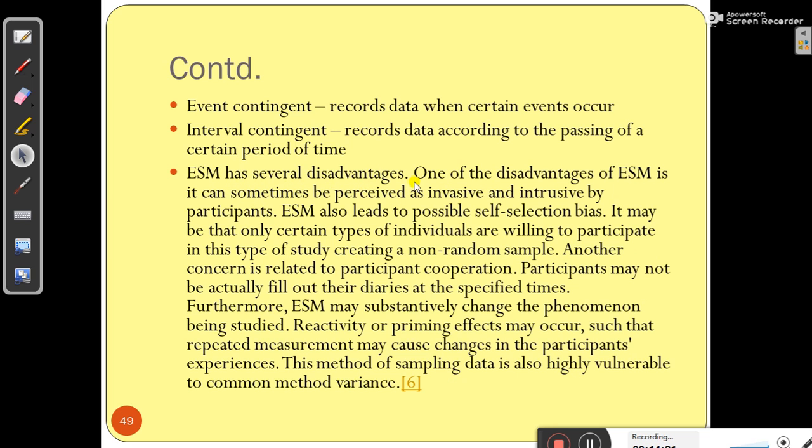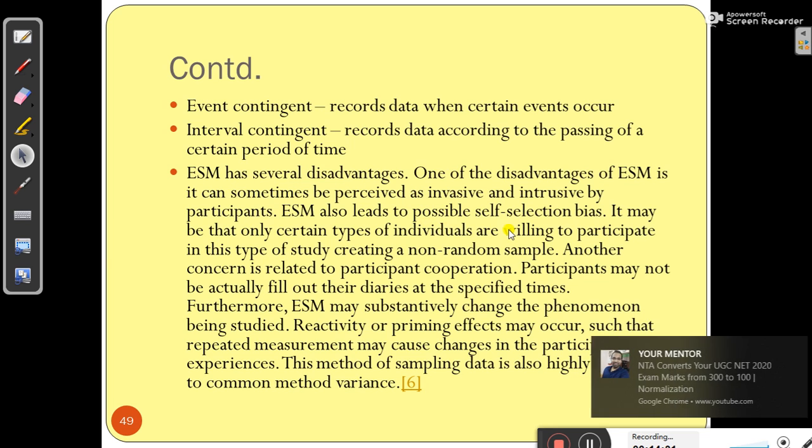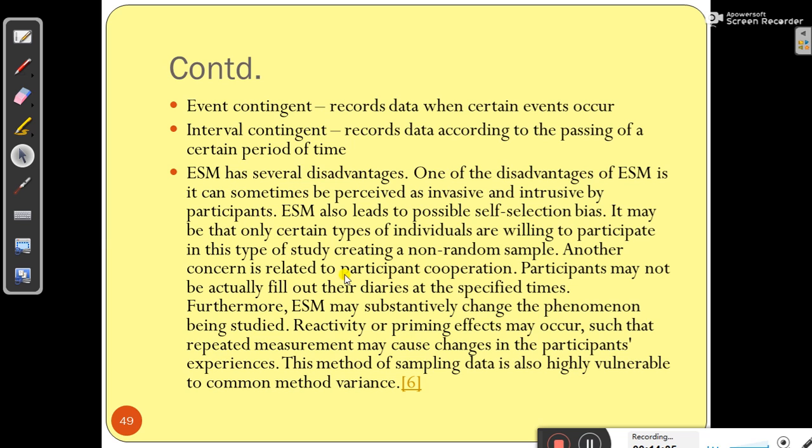ESM has several disadvantages. One of the disadvantages of ESM is that it can sometimes be perceived as invasive and intrusive by participants. ESM also leads to possible self-selection bias. It may be that only certain types of individuals are willing to participate in this type of study, creating a non-random sample. Another concern is related to participant cooperation.